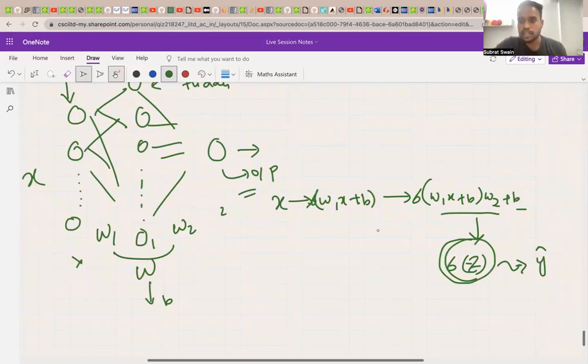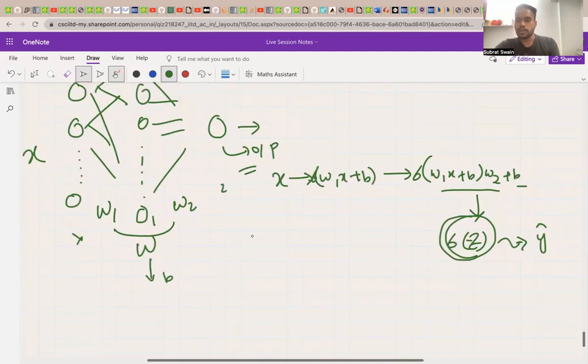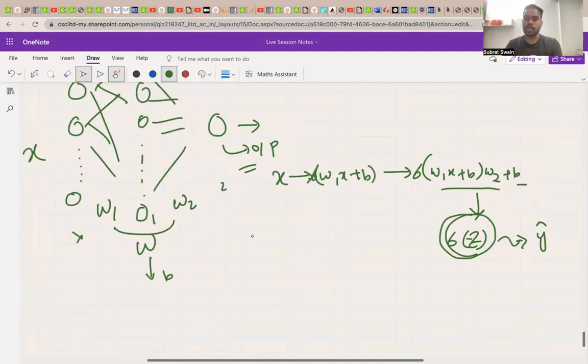The question that Sumit Kumar asked is: does the loss function surface always remain the same, bowl shaped, for all types of linear or non-linear problems? For linear problems, I guess the function stays bowl shaped.